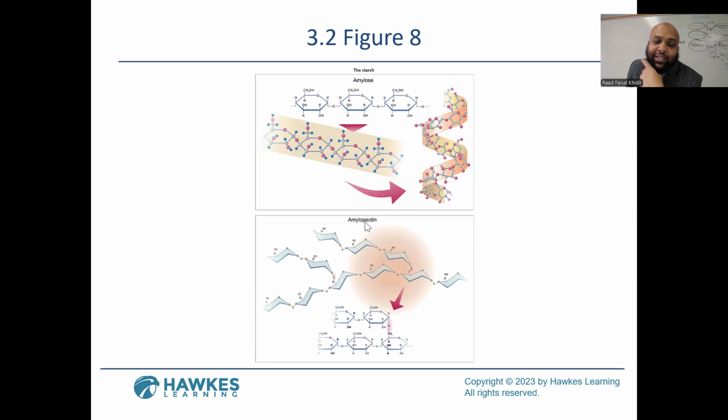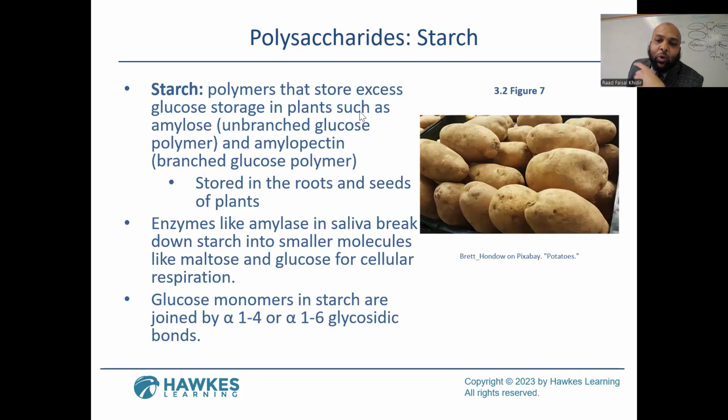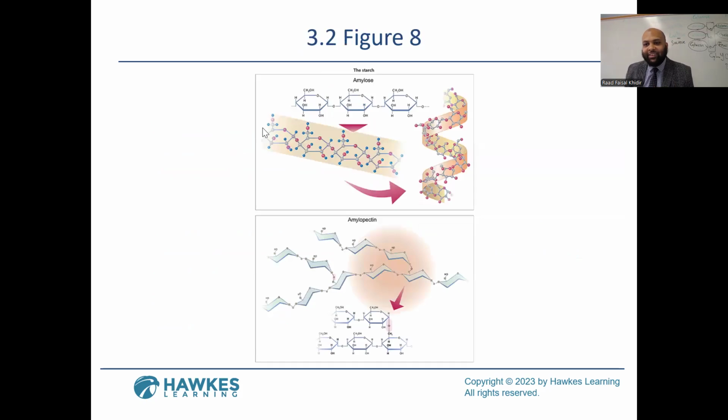We said in the last slide, one is branched, one is unbranched. Please look here, look where my mouse is. Amylose is an unbranched, long linear polymer chain, and amylopectin is a branched glucose polymer, stored in the roots and the seeds. So you see, you have amylose, and then you have amylopectin that is branched.